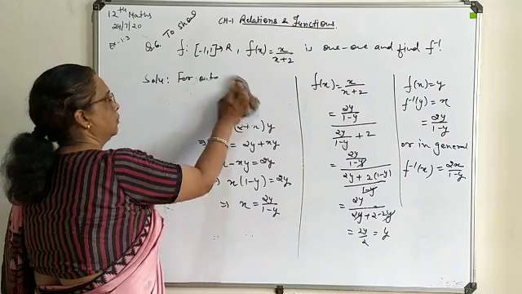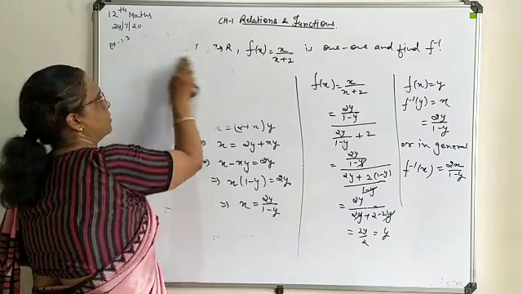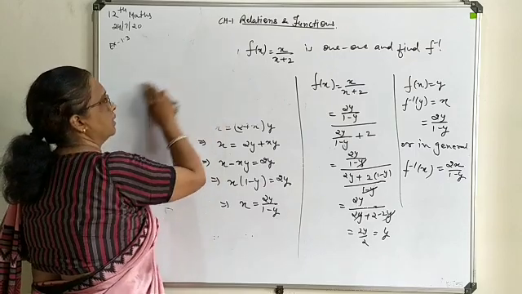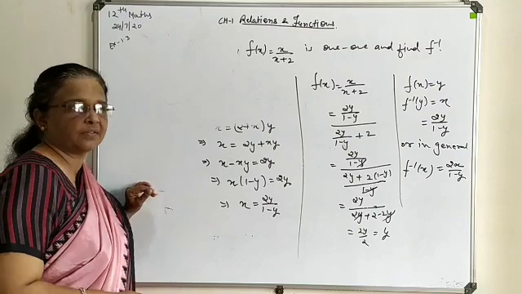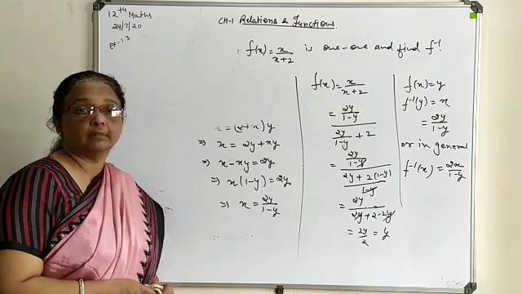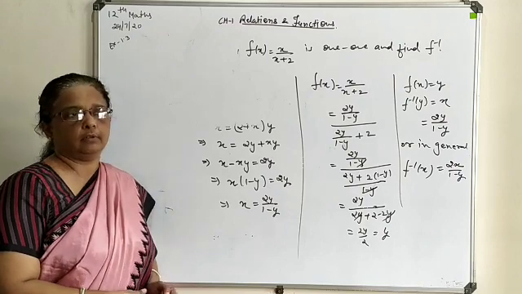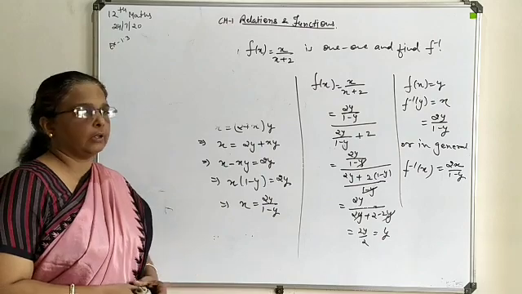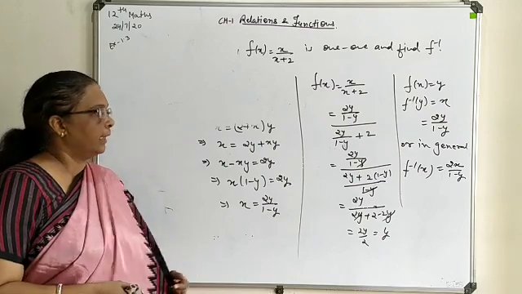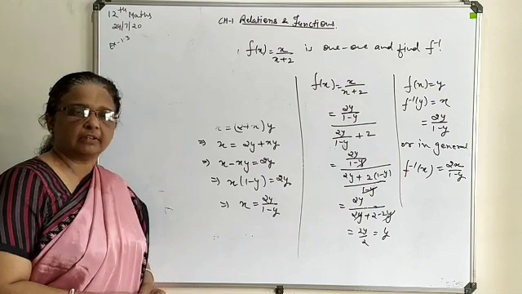Such type of question is normally asked in the exam: find out the inverse of that. In this chapter, limited questions are asked. Check whether the functions are equivalent or not. Secondly, check one-one onto form. Normally questions based on one-one or onto form are asked in MCQ, and this is the third category, means find the inverse of a given function.